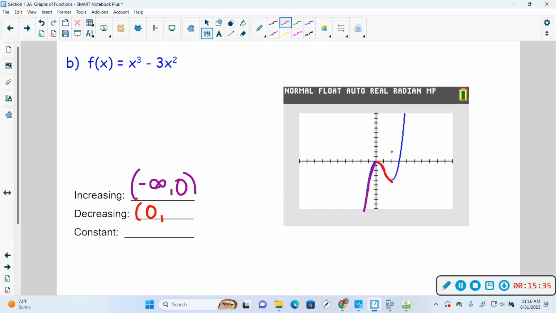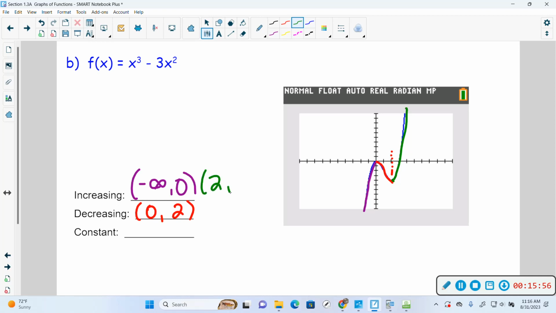Now I need the x coordinate of this point, 2. Make sure you use x, not y. That's an easy thing to do, accidentally use the y instead of the x. All right, carry on. As I follow it left to right, it is now rising. So we have another increasing from 2 to infinity.